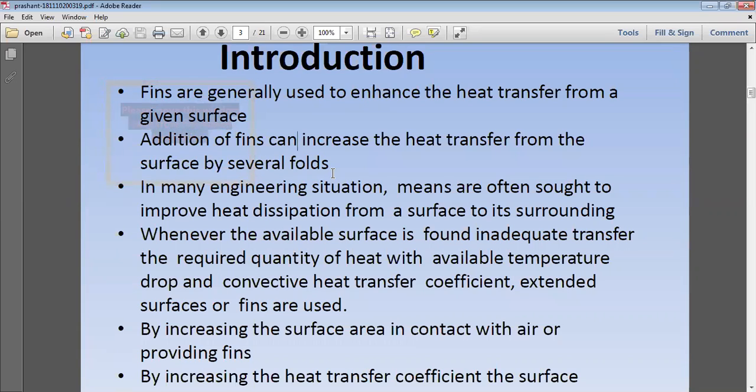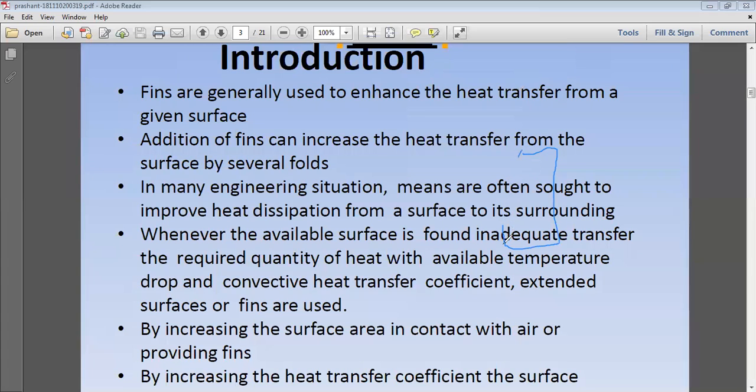Say for example, here I'll show this. This is the cylinder. You can take this as the cylinder, and the color format will be red.